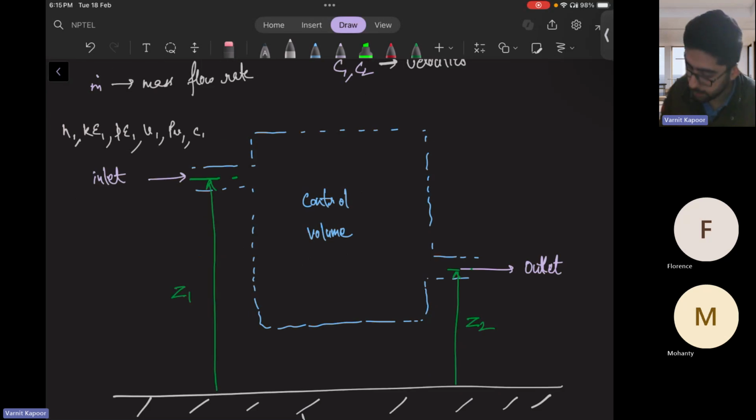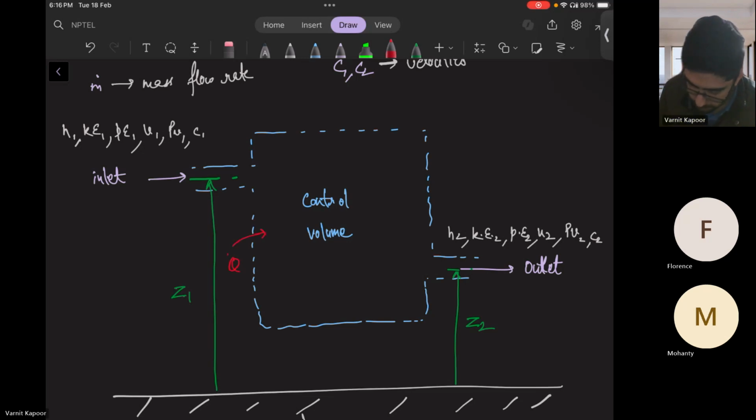Same goes for the outlet: h2, kinetic energy, potential energy, internal energy, flow work, and speed at the outlet. There's a heat interaction with the system and a work interaction with the system. So this is the whole setup, and now we are going to apply.